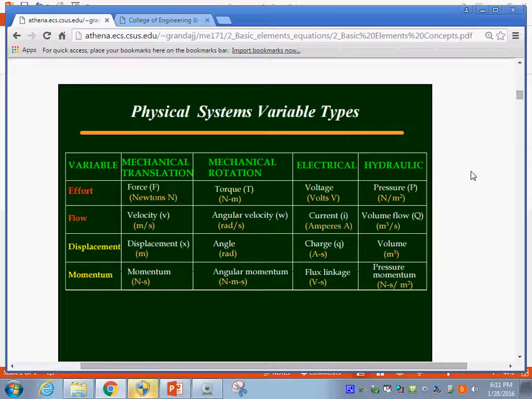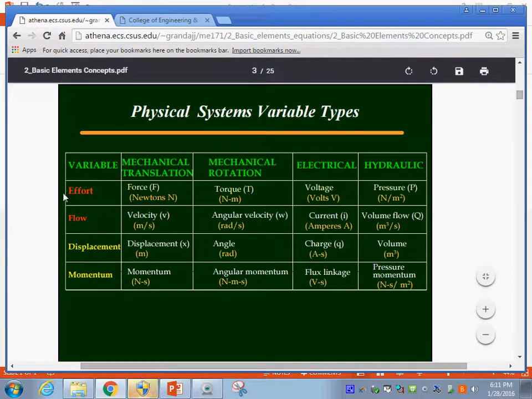So what Paynter is saying is, guys, we shouldn't have to be learning all these variables. Why don't we just learn these 4? And we're going to need them: E, F, P, and Q.